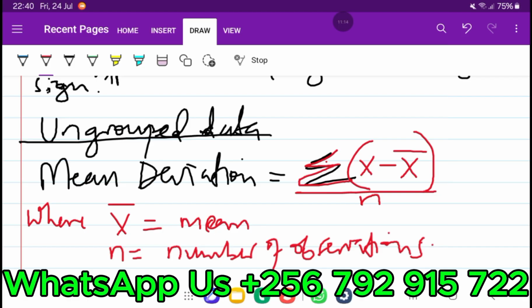I want us now to look at the data set that is grouped. Once we have seen that, then we can move ahead and look at the different computations.